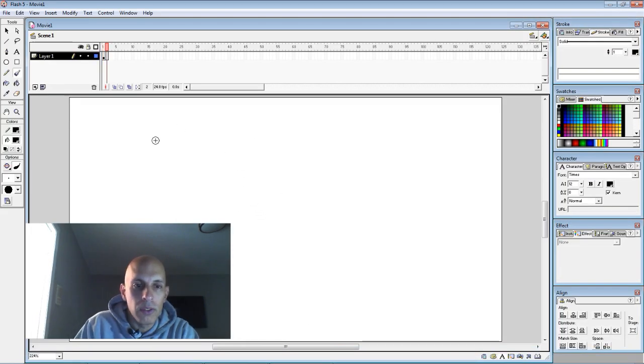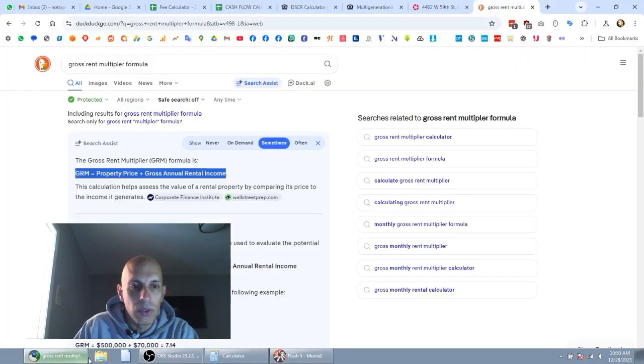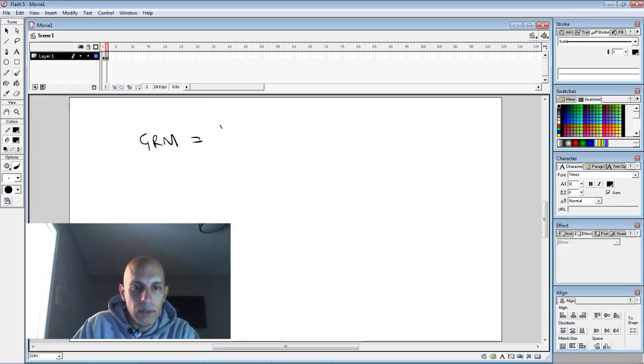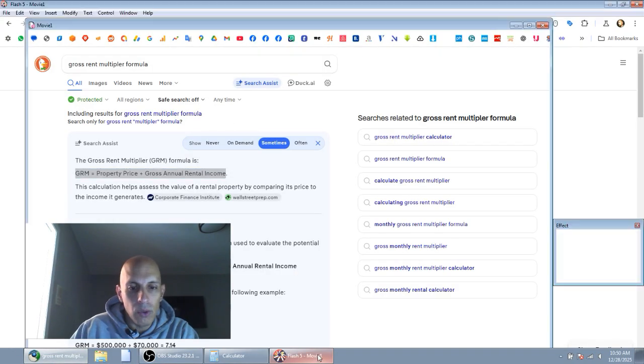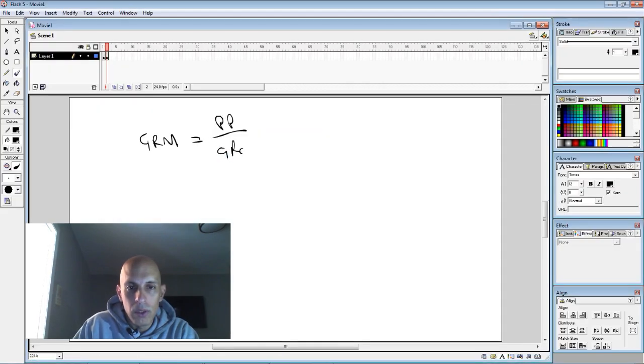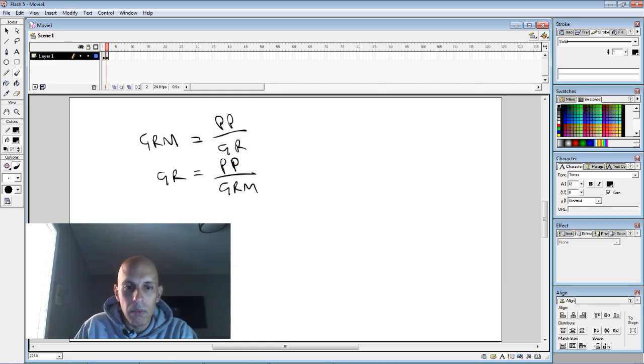So gross rent multiplier is equal to property price over gross rents annually. If I want to know what my annual gross rents are, I would just swap these two around, right? So gross rents is equal to purchase price over gross rent multiplier.